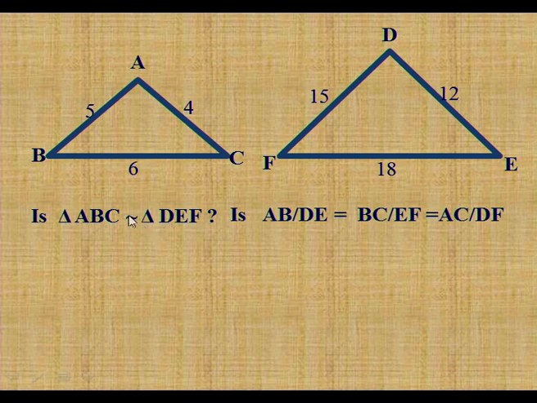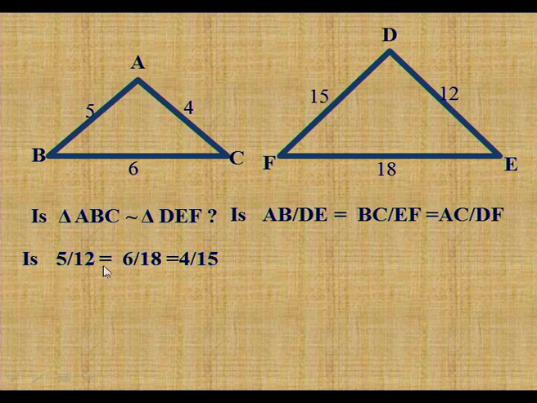No. To check this, AB by DE is equal to BC by EF and AC by DF.